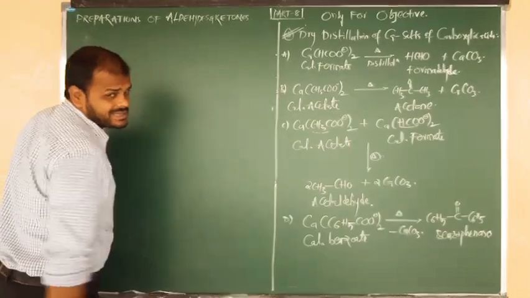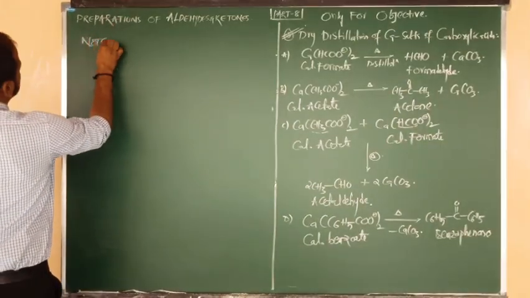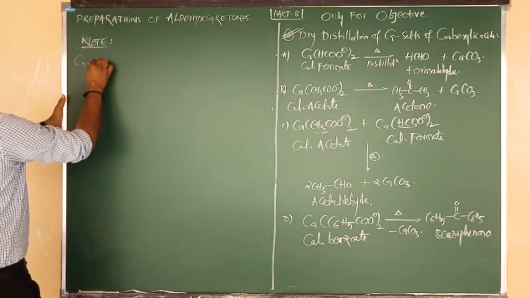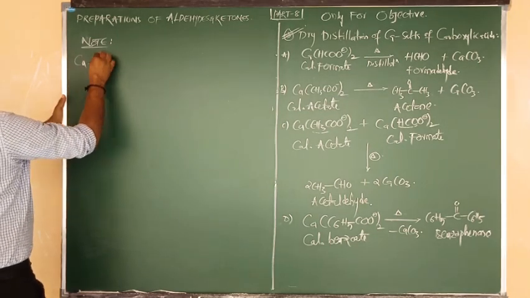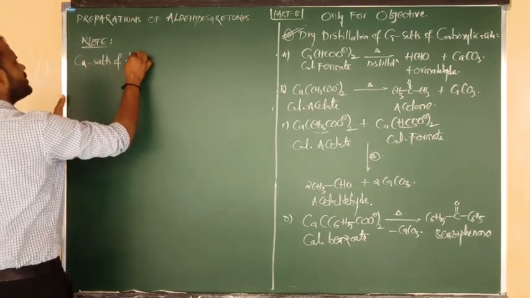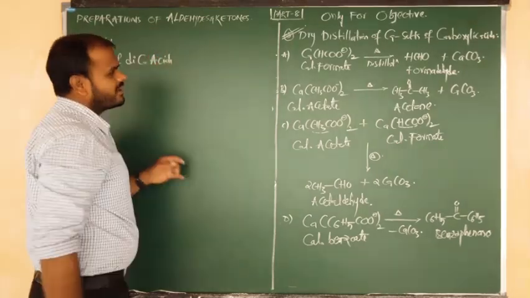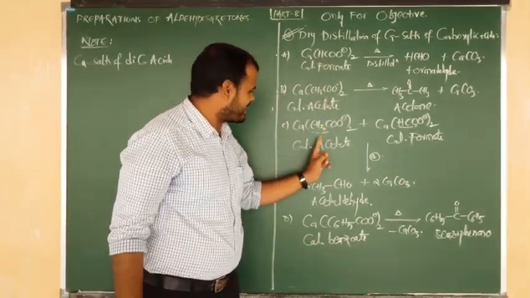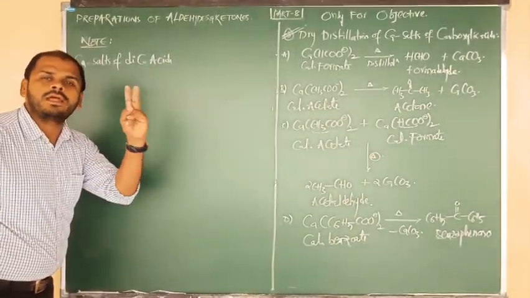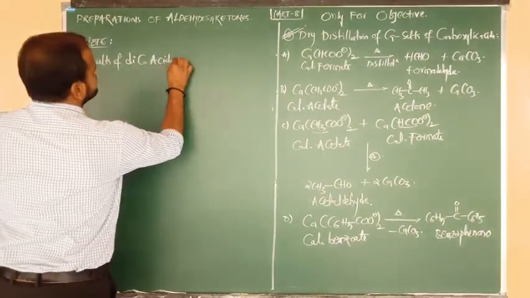These are the open aldehydes and ketones. Now cyclic ketone, very important. What will be the concept? Calcium salts of dicarboxylic acids. Here it was only monocarboxylic acid, but here I am saying dicarboxylic acids. At a time 2 COOH groups should be there.